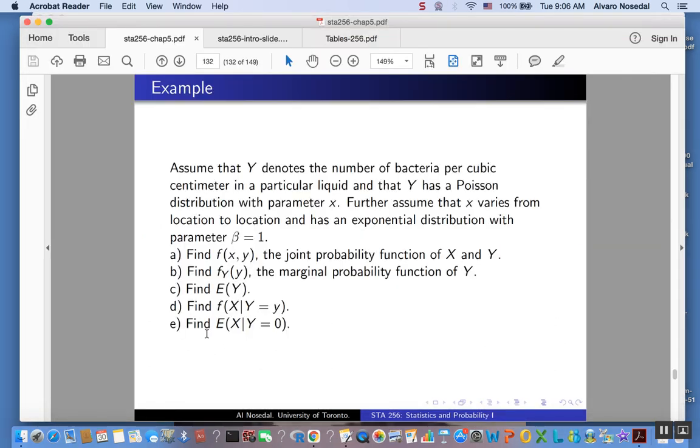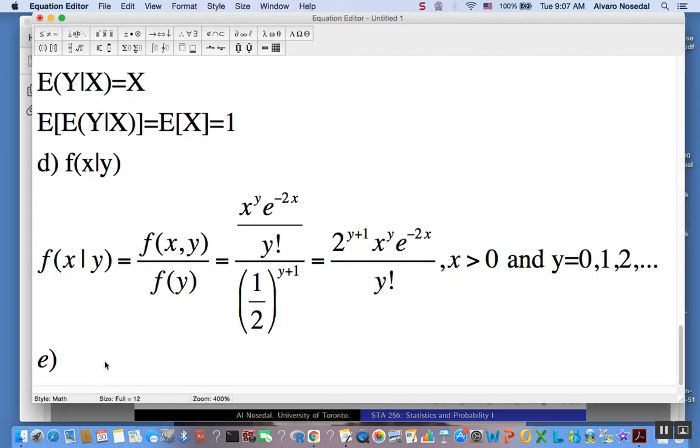So now what we need is to find the conditional expectation of x given that y is 0. Okay, so here we go. Expected value of x given that y equals 0.